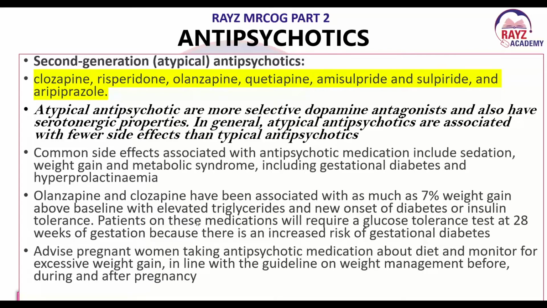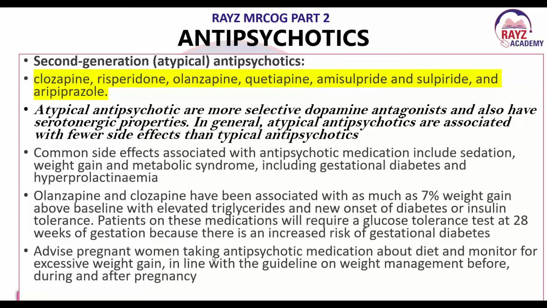So all these females should be screened for gestational diabetes between 26 to 28 weeks. The pregnant woman should be told about diet control and monitoring for excessive weight gain, as in the guidance on weight management during pregnancy.